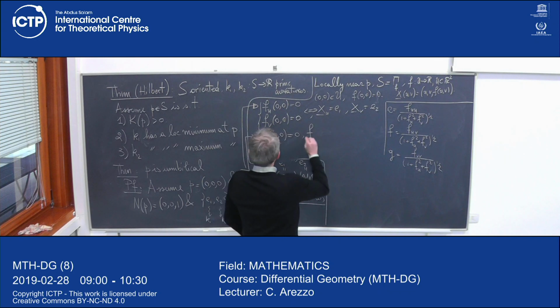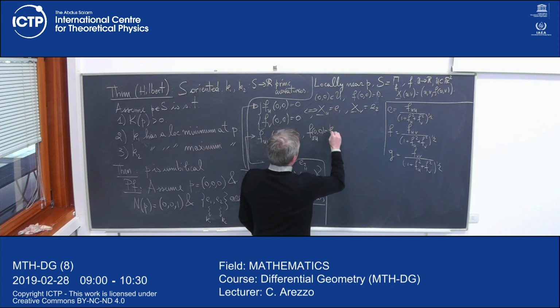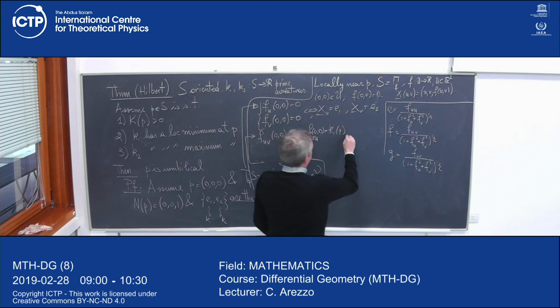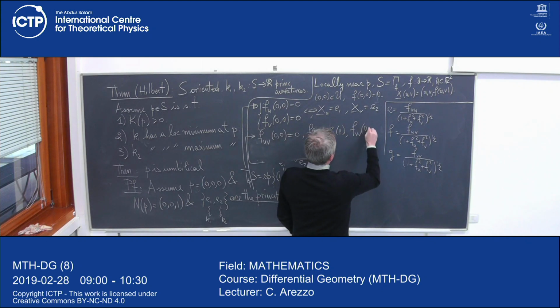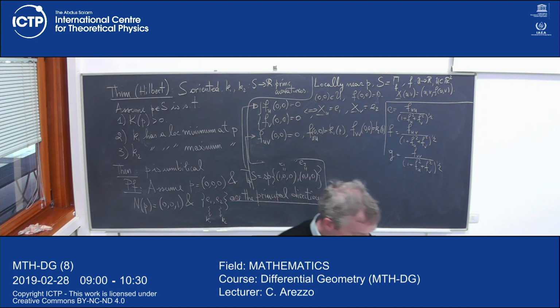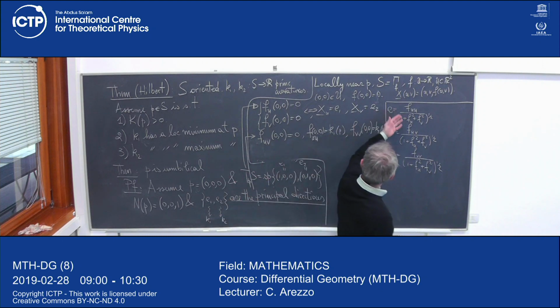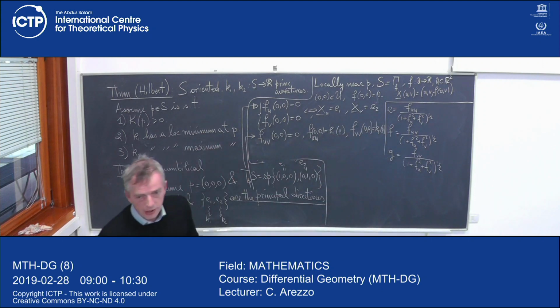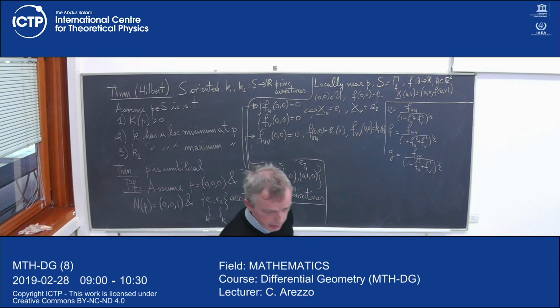But this is just fuu at (0, 0) is k1 at p, and fvv at (0, 0) is k2 at p. Okay? Up to now, I've done nothing. I've just rotated and translated my surface, and I've put it into a canonical position. I wrote it as a graph, and I translated all these things into conditions on the function which is giving me the surface. Okay?